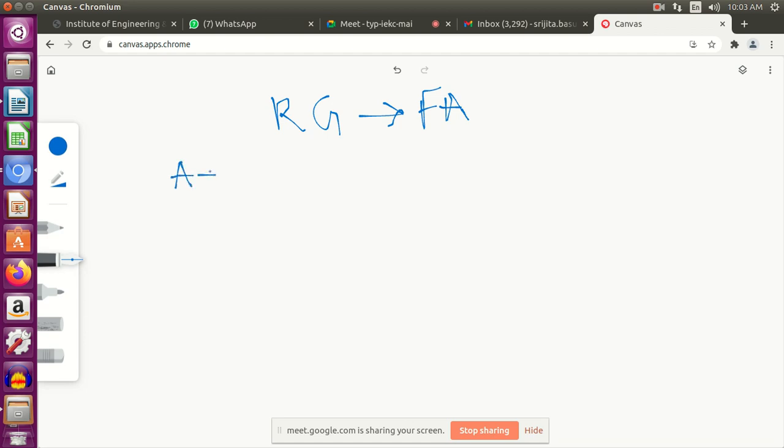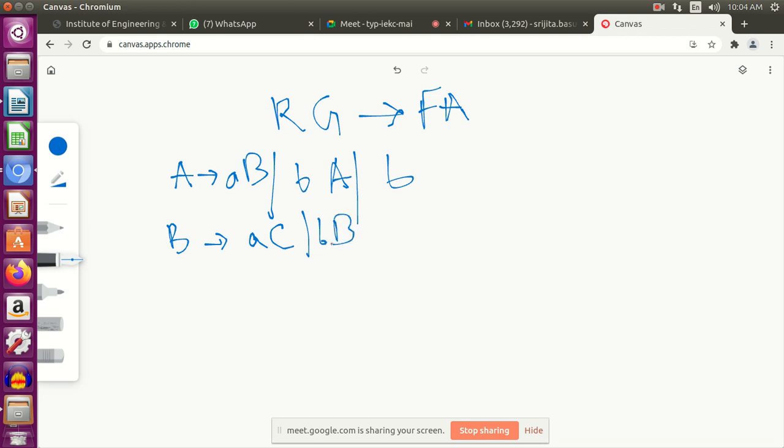So my grammar is something of this form. A goes to aB, then bA, then b. Another non-terminal B goes to aC, then b.